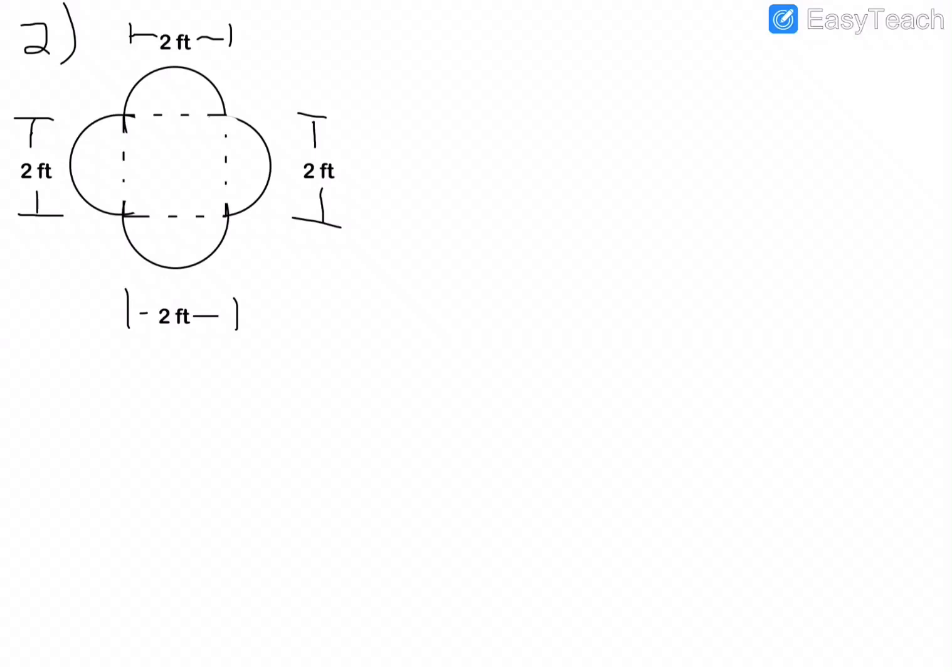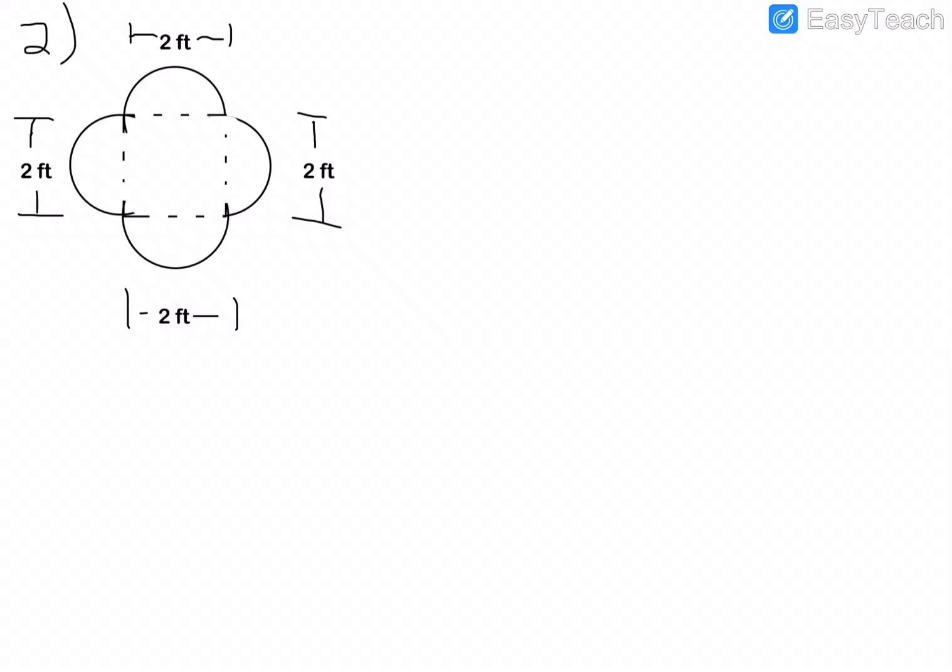So really what we need to do, and you could see, since this is a square, that means all these side lengths are the same, which means the diameter is going to be the same on the circles. So this one is a little bit easier in the fact that all we need to do is find the area of the square, and then find the area of one of the circles. Like these two semicircles can form one circle, and then you can just times it by 2, because there's two circles with the same diameter.